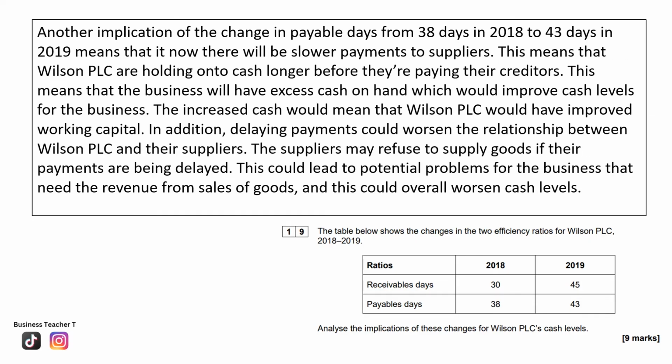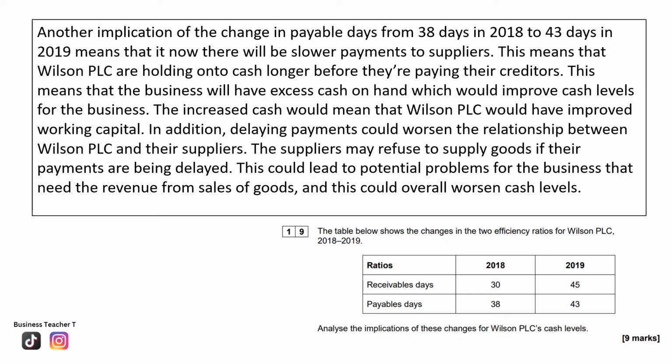Another implication of the change in payable days from 38 days in 2018 to 43 days in 2019 is that there will now be slower payments to suppliers. This means that Wilson plc are holding onto cash longer before they're paying their creditors. This means that the business will have excess cash on hand, which would improve cash levels for the business.